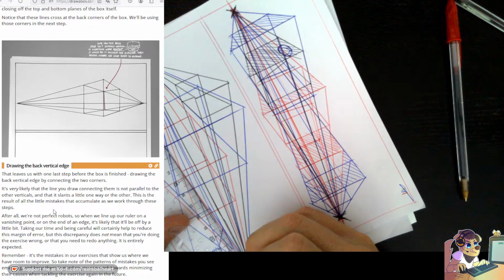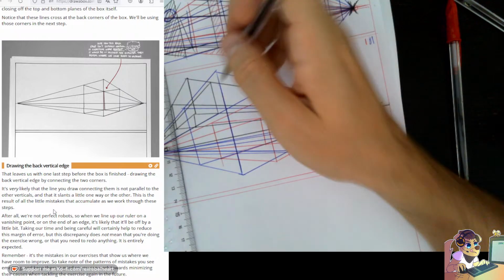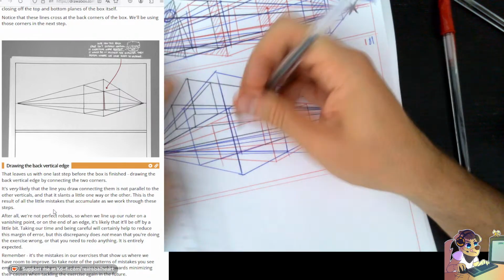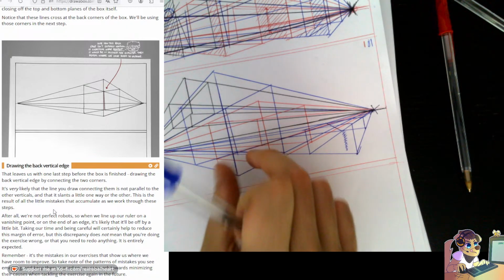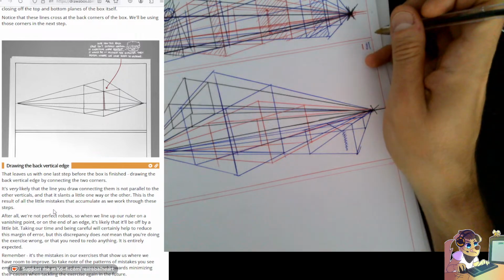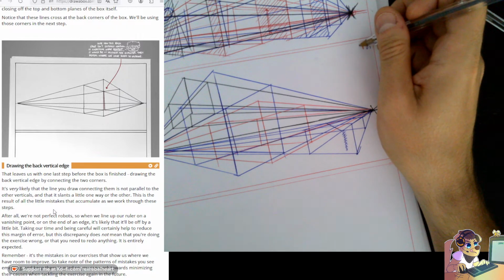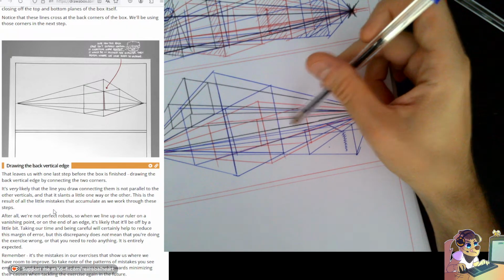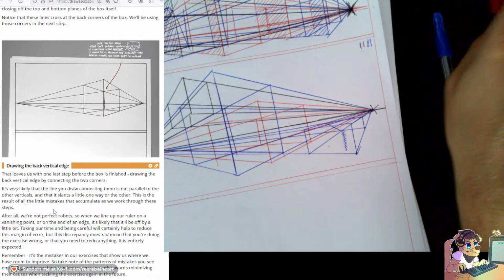It also gives me a nice way of tracking how much time I'm spending on certain things. Here and here, this one's slightly out, but they are fairly parallel. It widens a bit there, but these are fairly parallel. 1, 2, 3, 4. Yeah, let's put it number 5.